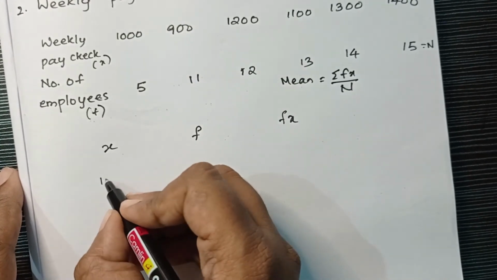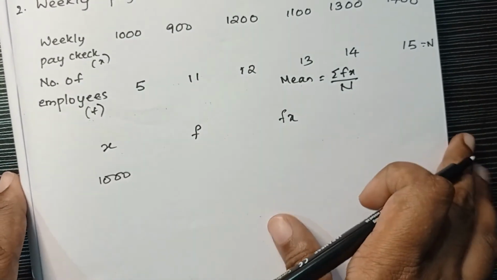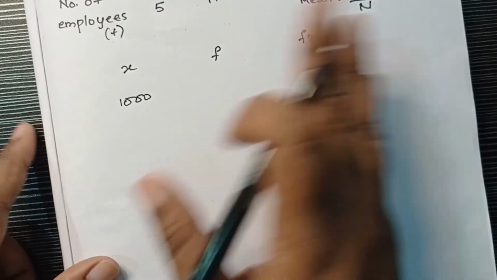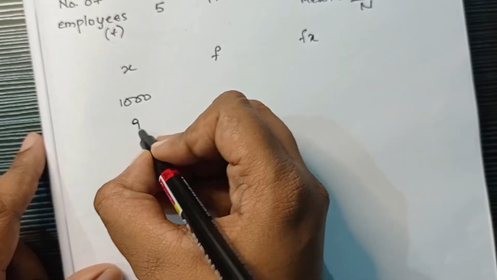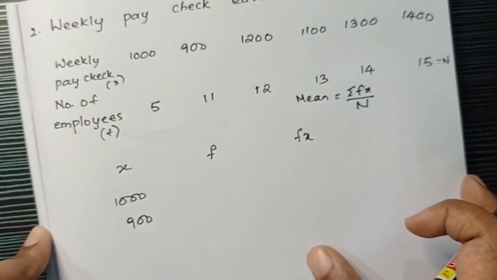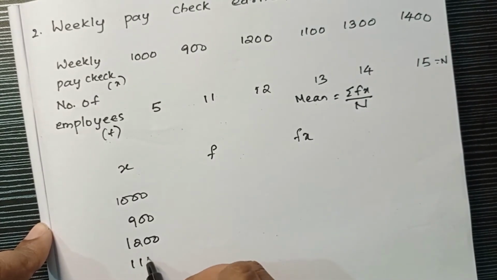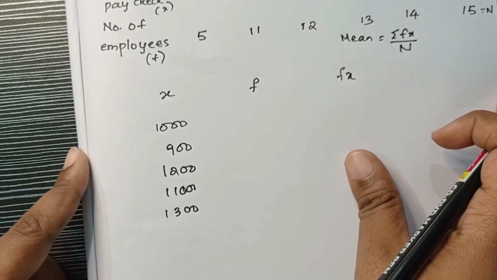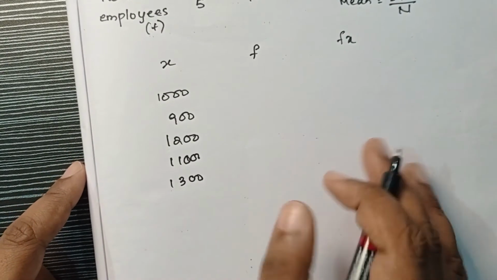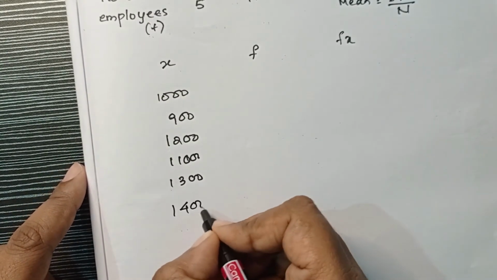That is what we are going to use, right? So x here is 1000, 900, all given in the question, 1200, 1100, 1300, and then 1400.